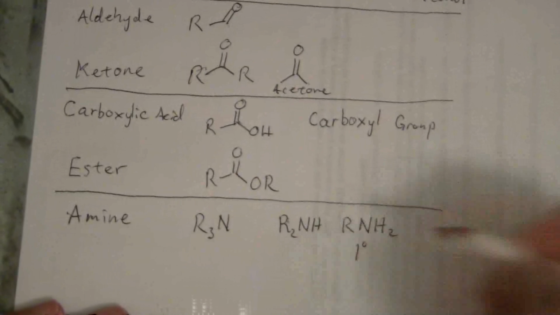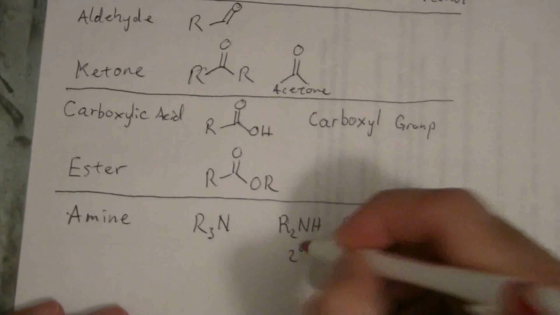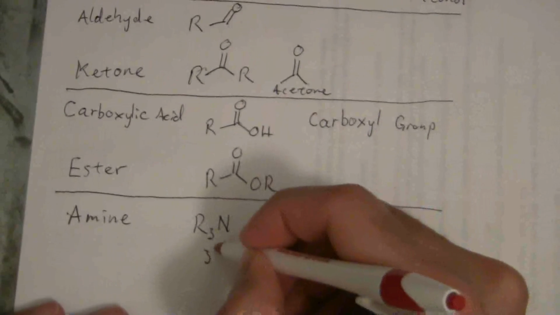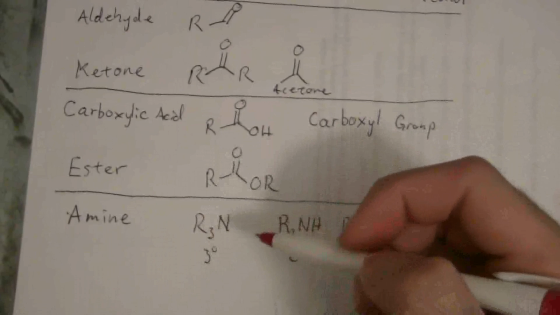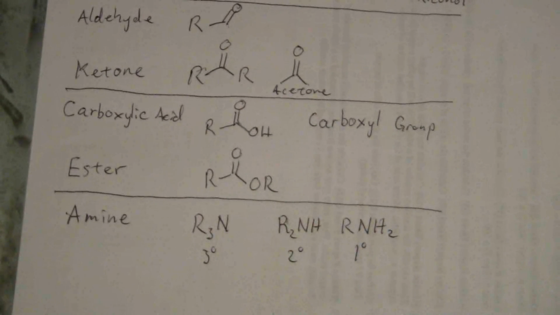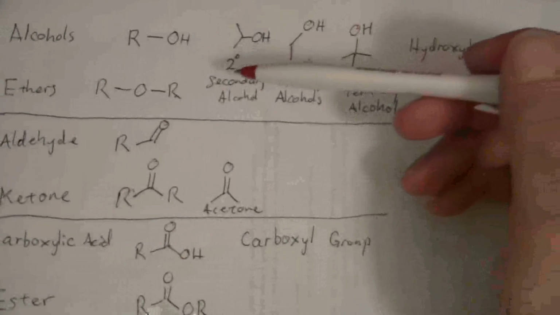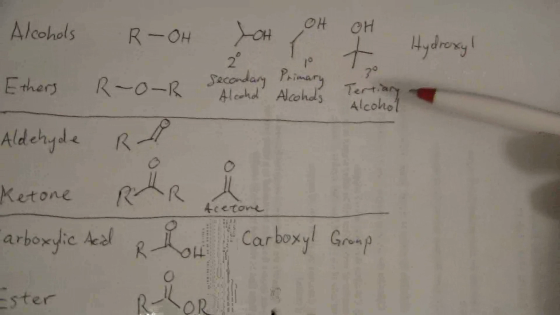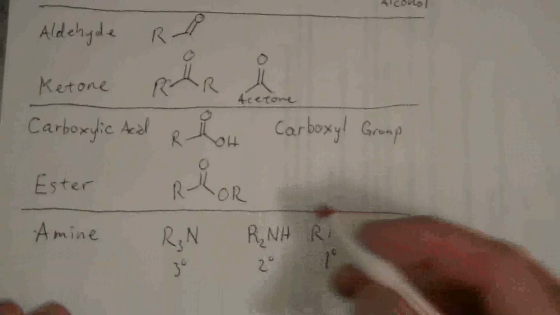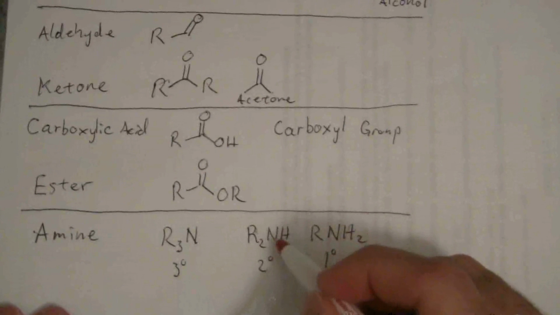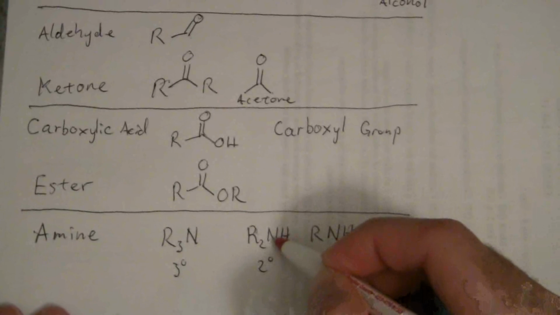This is a primary amine, a secondary amine, and this would be a tertiary amine, if my R group represents some kind of a carbon chain and not just hydrogen. So there are three different types of amines: primary, secondary, tertiary, just like we have with the alcohols, looking at how many carbon groups are attached to that nitrogen.